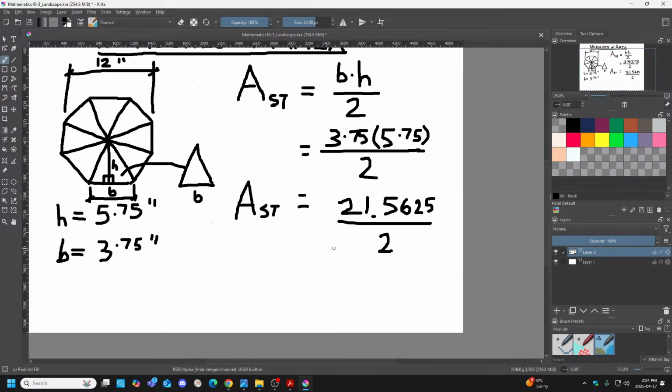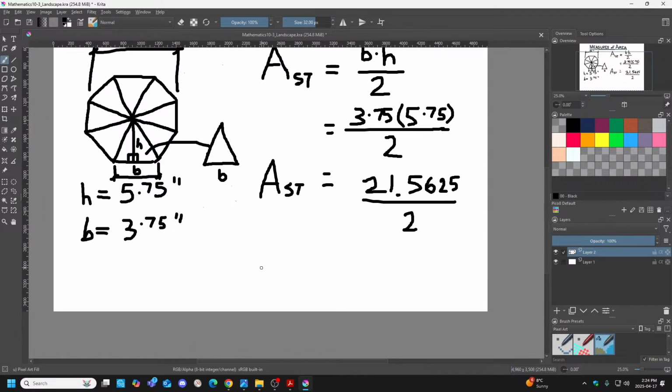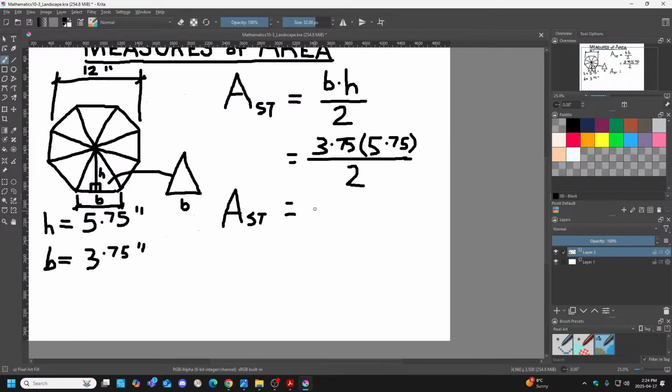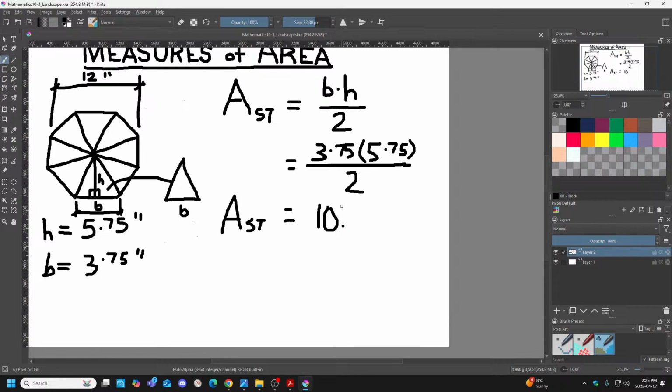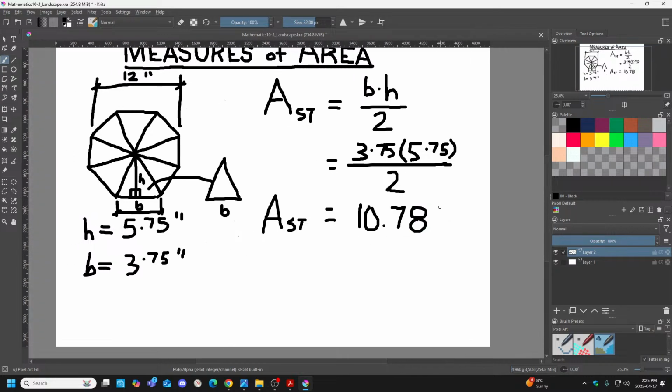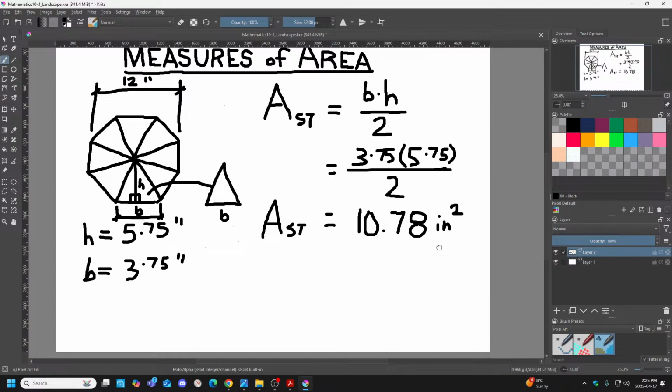Okay, so there's the area. Let me write it down: 10.78. Our units are inches, so therefore inches squared because it's area.